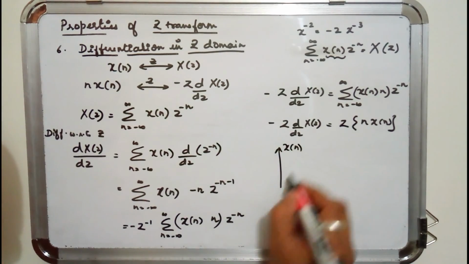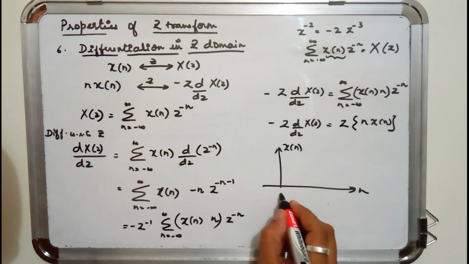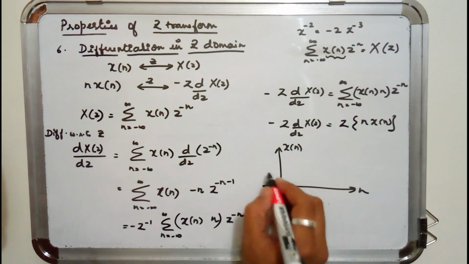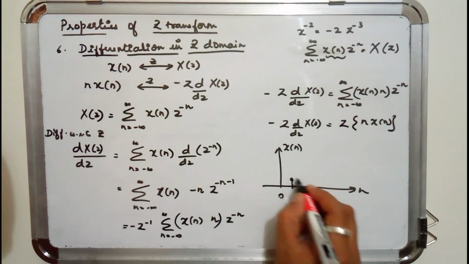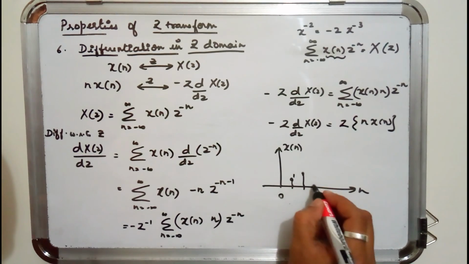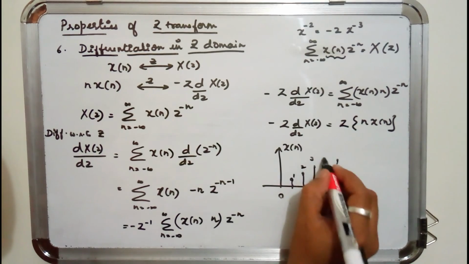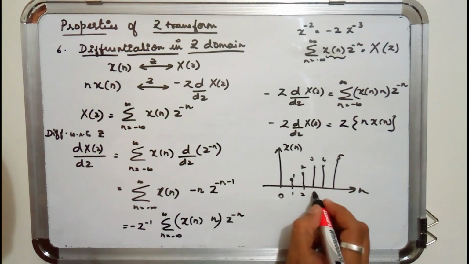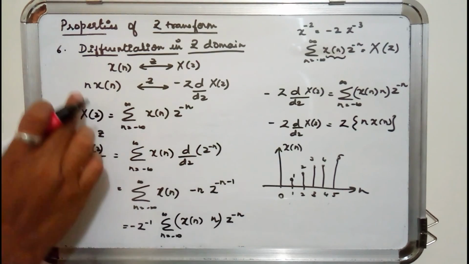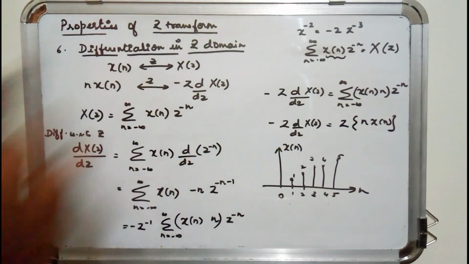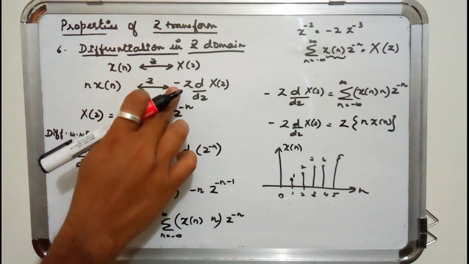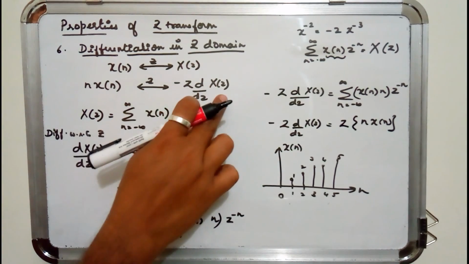How do you represent a ramp? When n is equal to 0 it is 0, when n is equal to 1 it is 1, when n is equal to 2, it is 2, 3, 4, 5 and so on. So n is a ramp. So differentiation in z domain refers to minus z into d by dz of x of z.